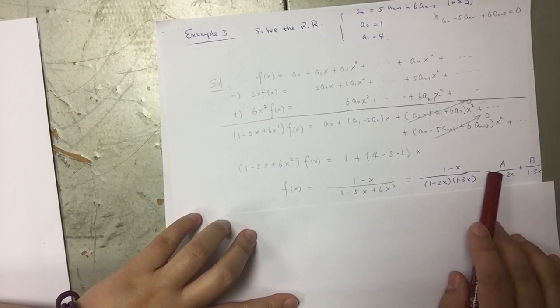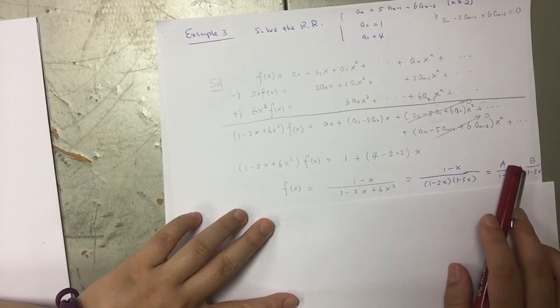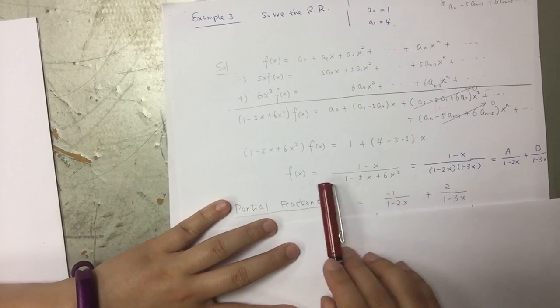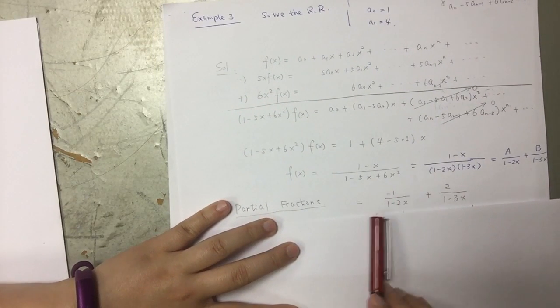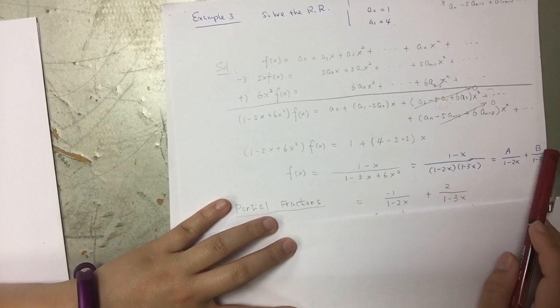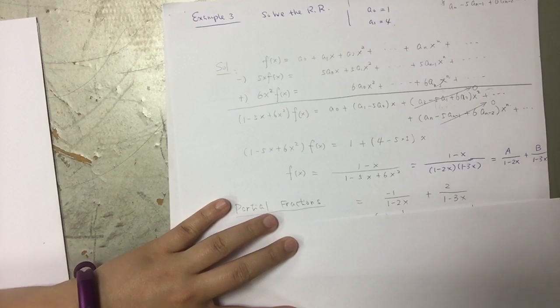After we evaluate those undetermined numbers A and B, we will find out that A equals -1 and B equals 3, which makes this rational function equal to -1 over 1 minus 2x plus 2, which is the value of B, divided by 1 minus 3x.